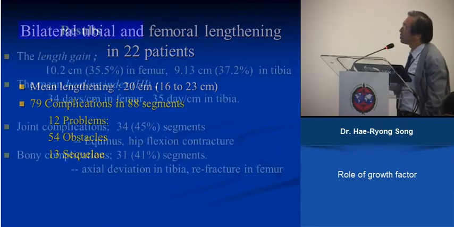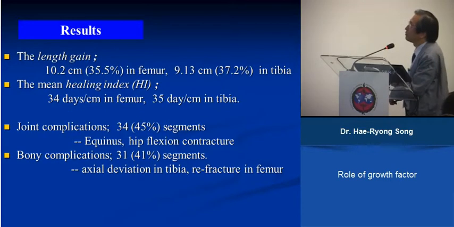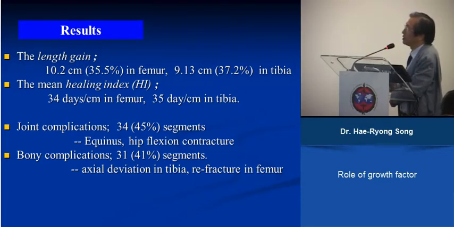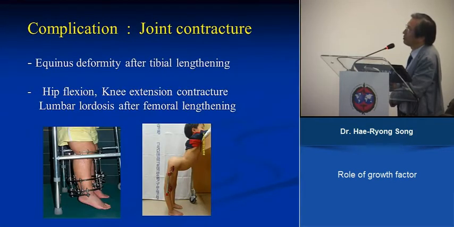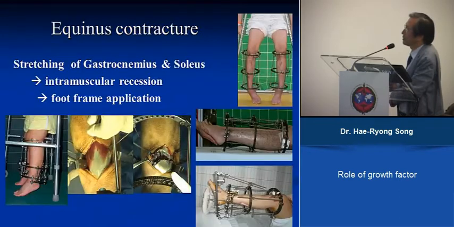The total length was 10 for femur and 9 for tibia, healing index 34 to 35, and joint complications occurred in 45%. Bony complications 41%. These are equinus deformity and hip flexion, knee extension, and lumbar lordosis after lengthening.